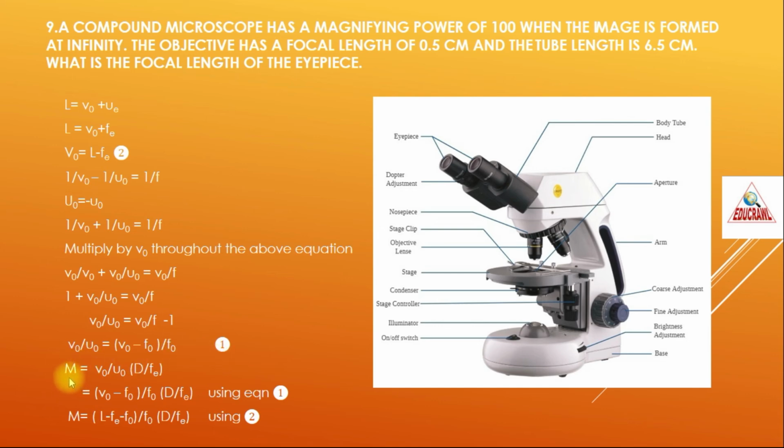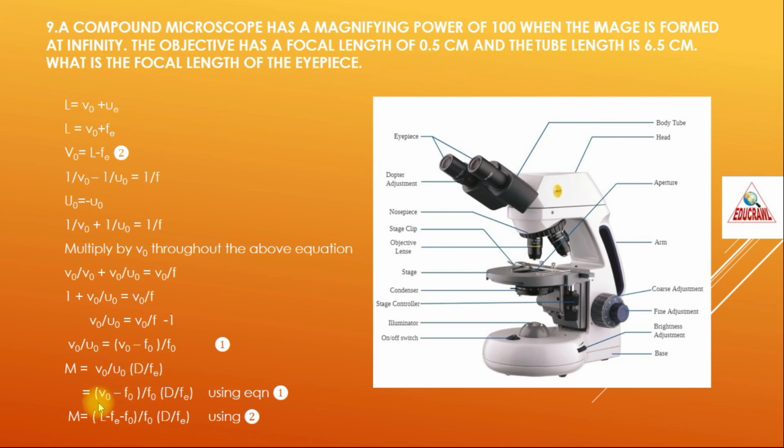Now, we know the formula of magnification as magnification is given by V0 by U0 into D by Fe. In this equation, we use our equation 1, which is V0 by U0 is equal to V0 minus F0 divided by F0.